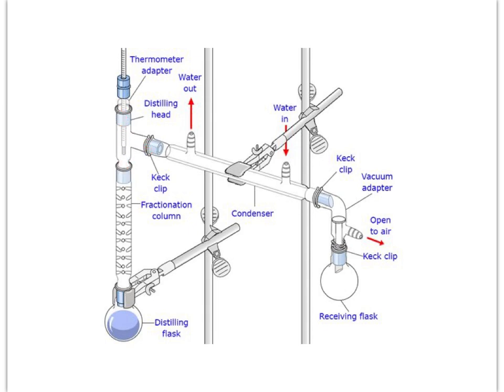Again, grease on the head, turn it 360 degrees. That will spread the grease there. You've got your glass thermometer adapter. Do not forget the rubber adapter on top of the straight glass adapter. Position the thermometer so that the bulb of the thermometer is just below the Y of the distilling head.